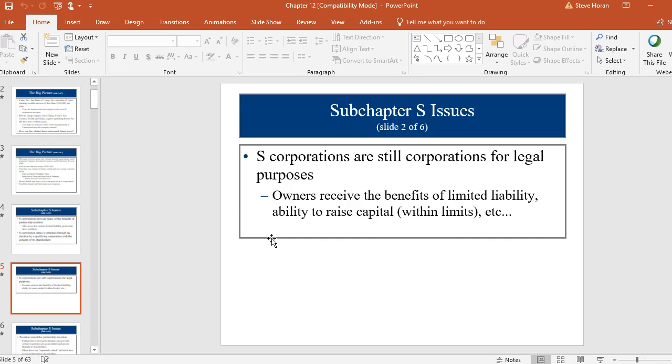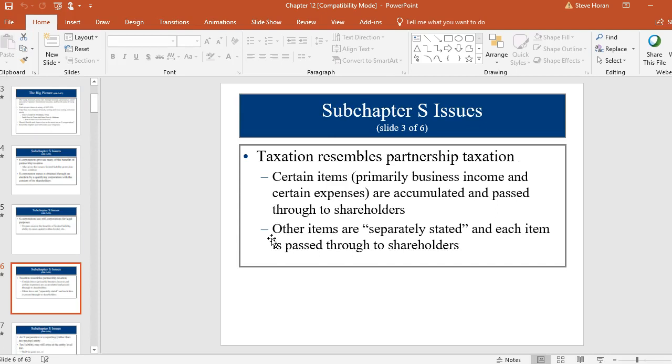So an S Corp itself pays a few taxes because there's always some exceptions. But generally, the vast majority of income will flow through, similar to the LLC material that we did not too long ago, which is what they mention right here. Remember from the LLC material, business income and business expenses were shared.